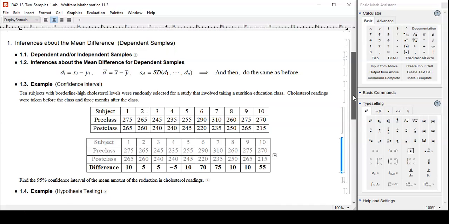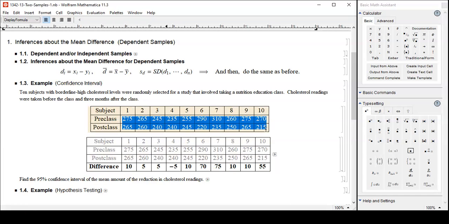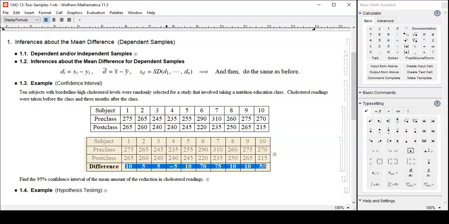And then we can do a one sample inference about the difference. So previously, we had two dependent samples of size 10, pre-class, post-class. Now, by taking the difference, I have one sample of size 10.